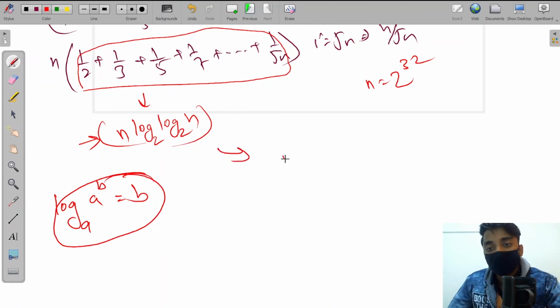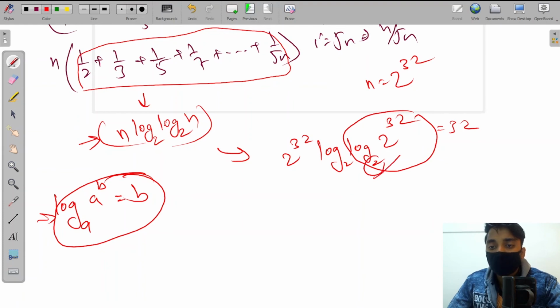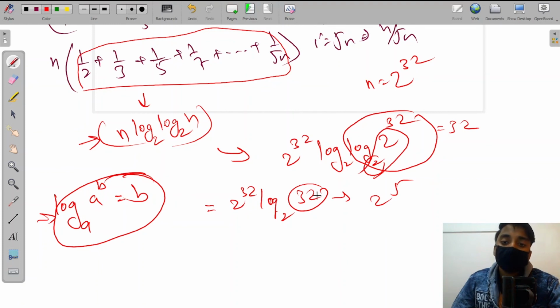Here we have 2 raised to the power 32 times log base 2 of log base 2 of 2 raised to the power 32. So here we will use this formula of log. This will be equal to 32. The base is 2, a is also 2. So this will be 2 raised to the power 32 times log base 2 of 32. And we can change this 32 into 2 raised to the power 5.